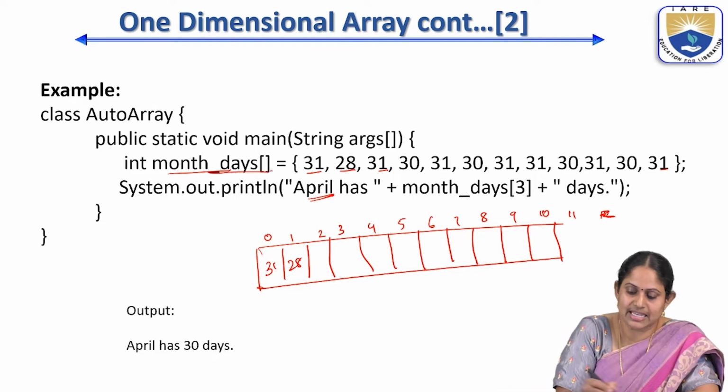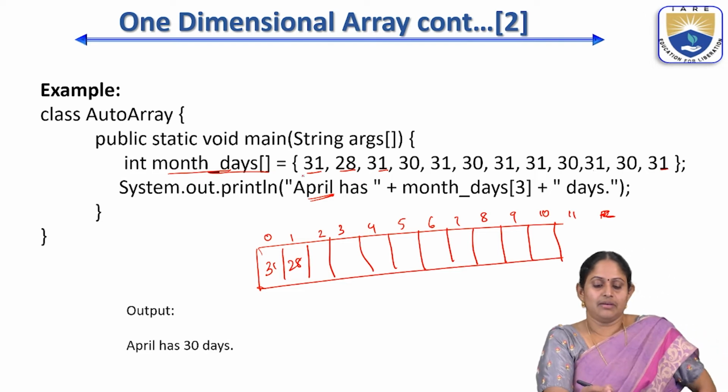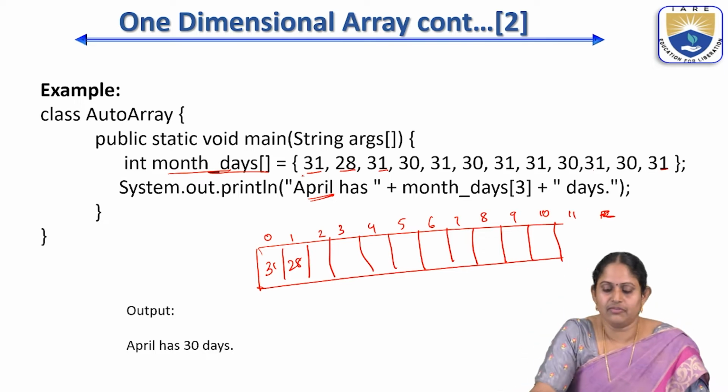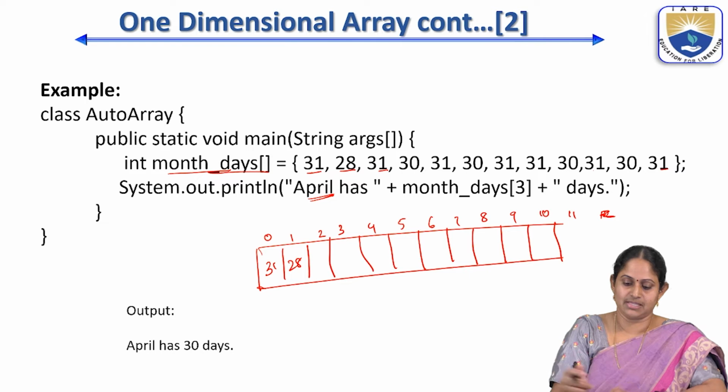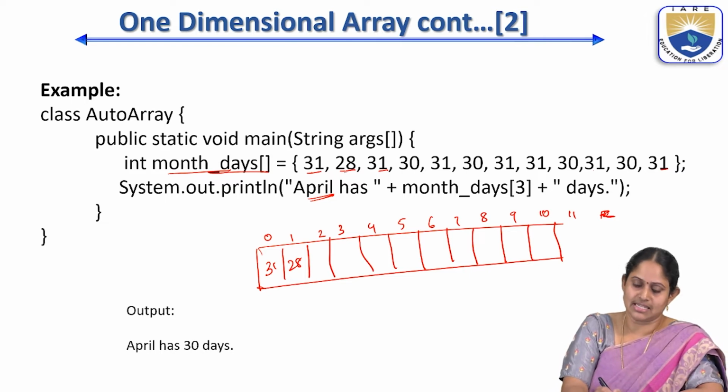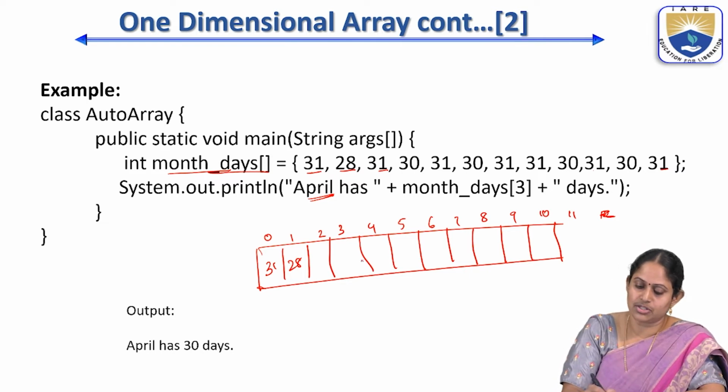This will create an array of 12 elements. Here we are not specifying the size, but we are statically giving the array elements. So these values will be stored into these locations.